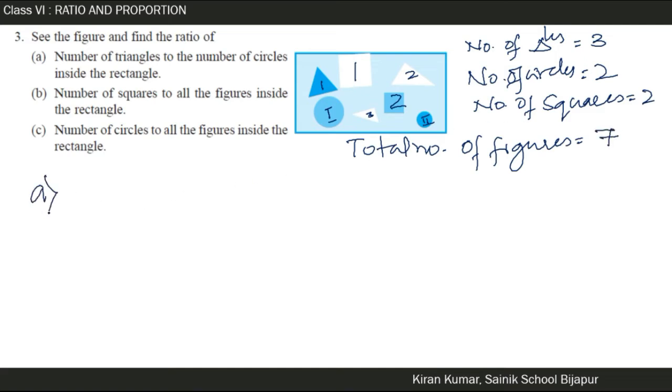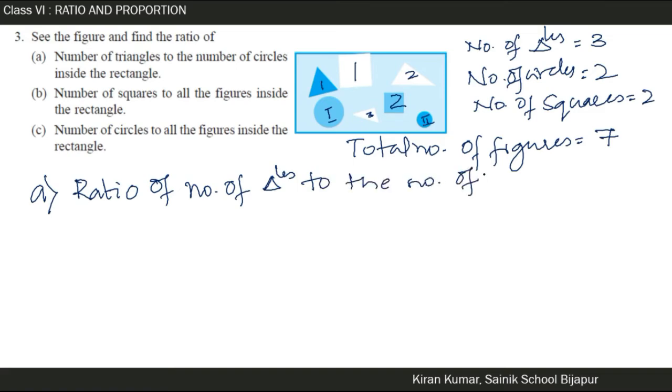Now we need to find the ratio of the number of triangles to the number of circles inside the rectangle, which will be equal to 3:2 or 3 by 2.